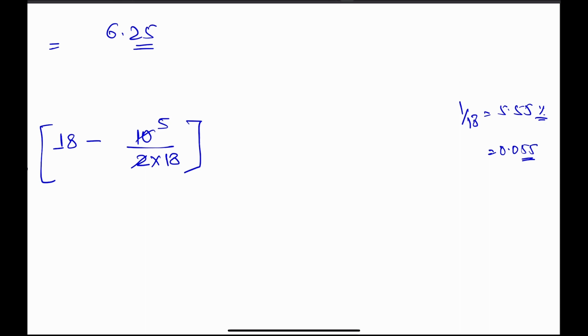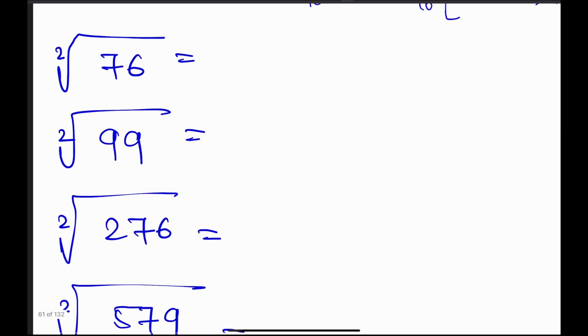Okay, and into 5, then it will be, so 18 minus 0.27 is nothing but 17.73, and then divided by 10, 1.173 approximately.